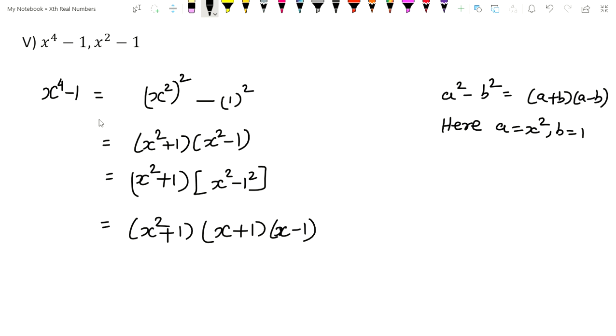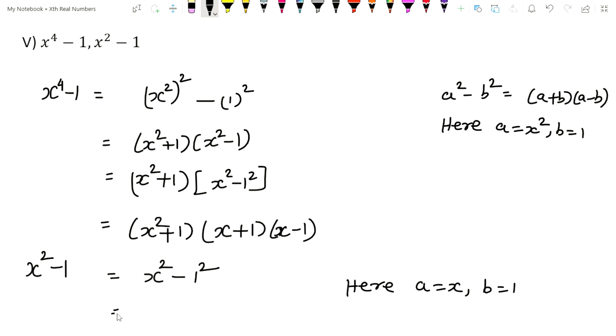Okay children, see the next one. Take the next term, x square minus 1. How can you write this? x square minus 1 square. Here a equals x, b equals 1. So now substitute a plus b, a minus b: x plus 1, x minus 1.